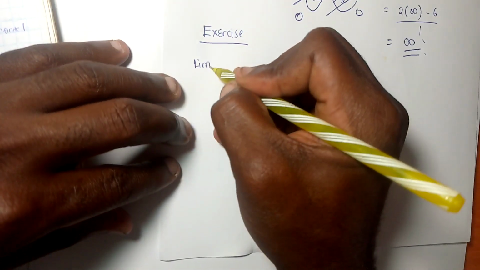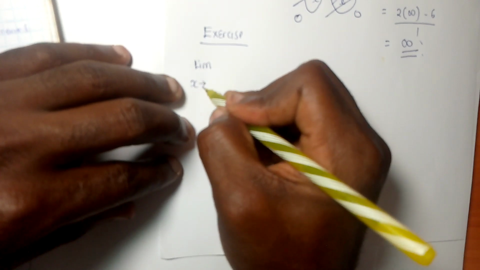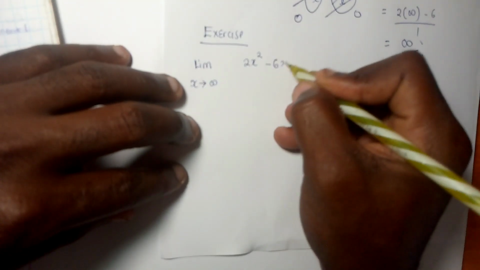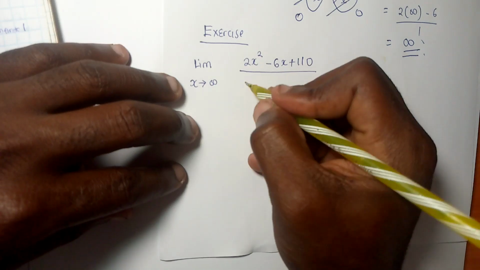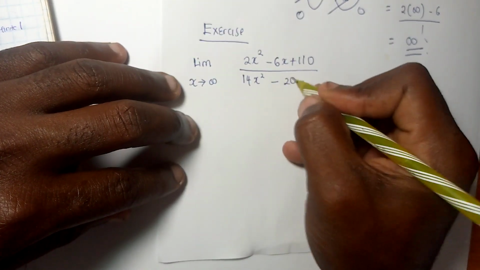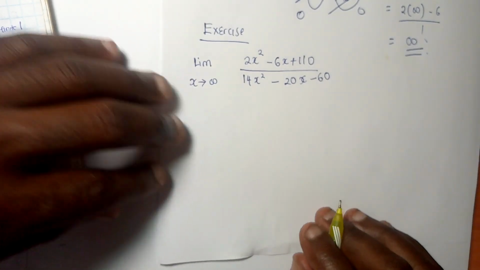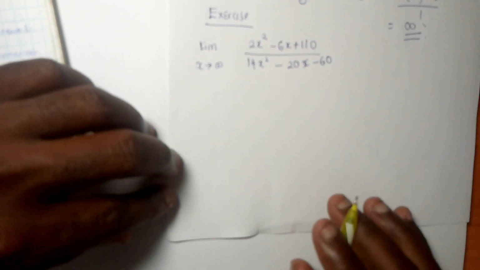Evaluate the following limit: the limit as x approaches infinity of 2x squared minus 6x plus 110 over 14x squared minus 20x minus 60. Pause the video, try to solve it, and then we shall proceed.